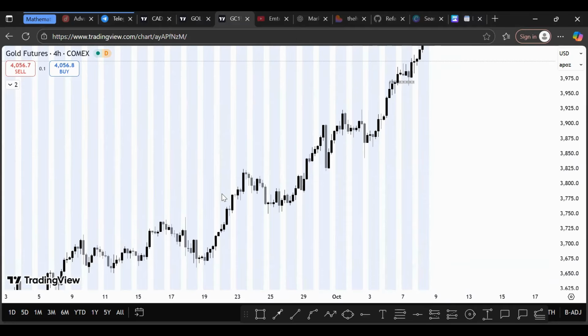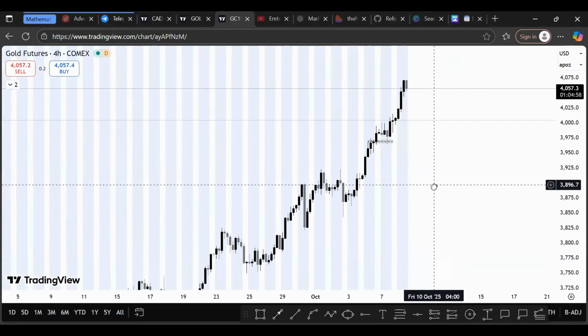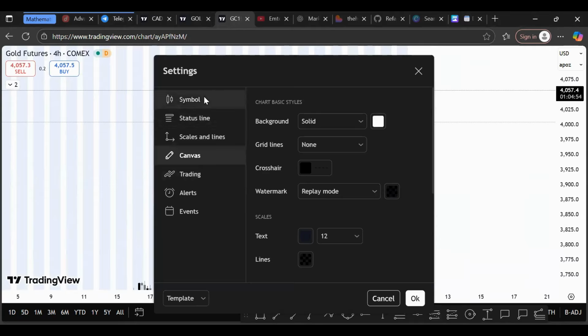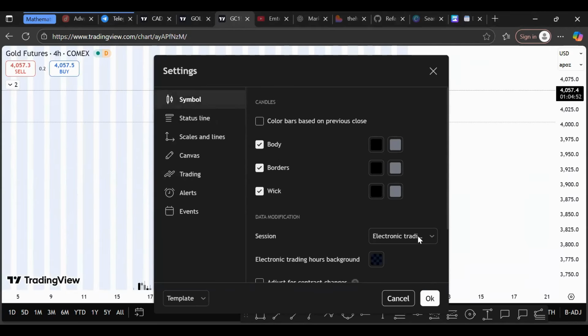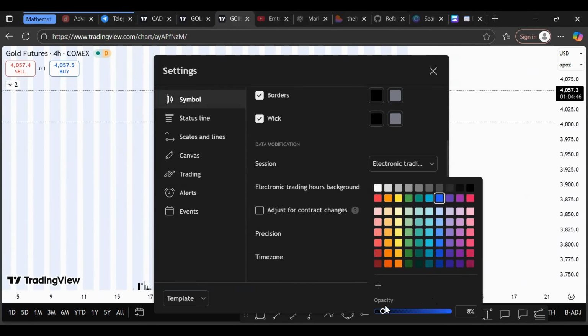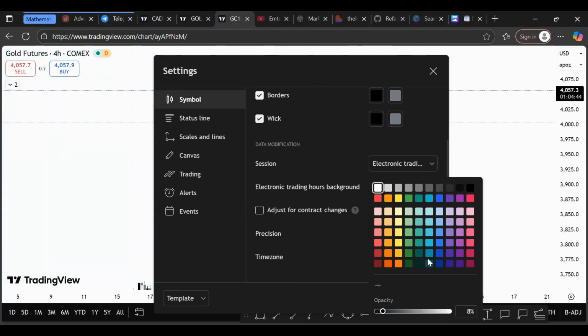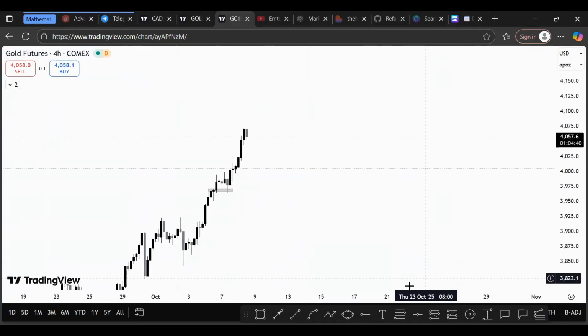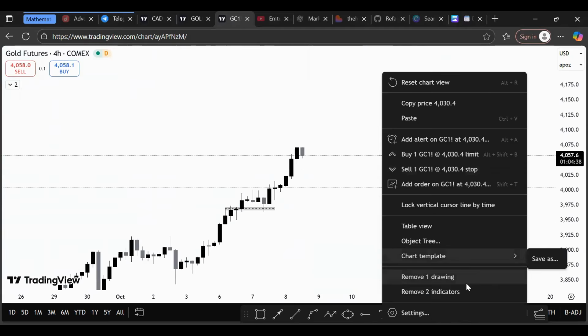You trying to turn the blue session lines off? Yes. It's under symbols. Go back into the settings and go to symbol, and then see the electronic trading hours. Oh, great. Thanks, man. All right. Let's start off. Yeah, let's just delete this.